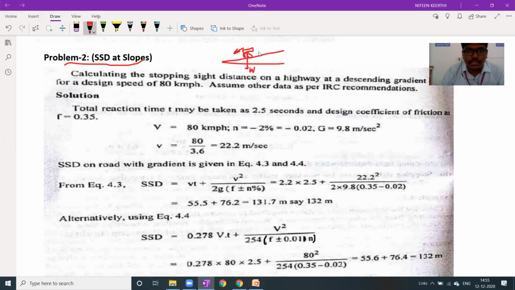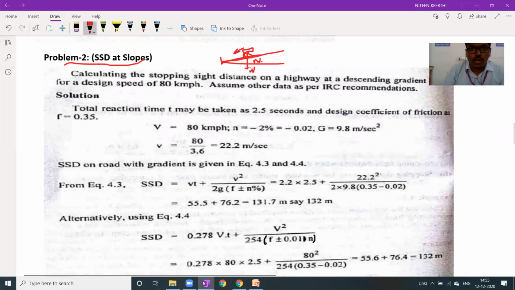And that gradient you can say as n%. For example, 2% of gradient is there. For 100 meter, this vehicle has moved on the gradient, so n by 100.